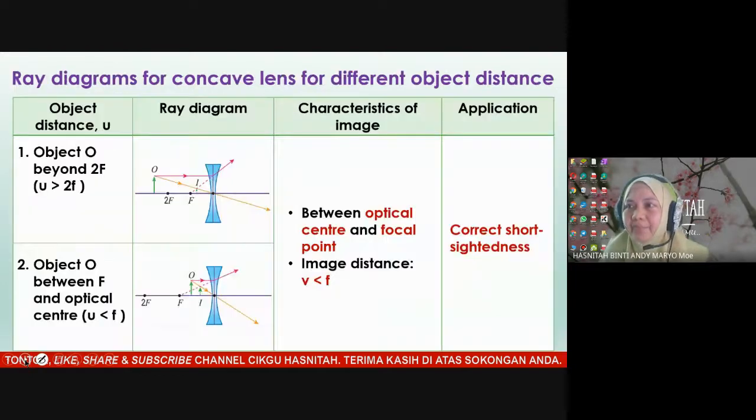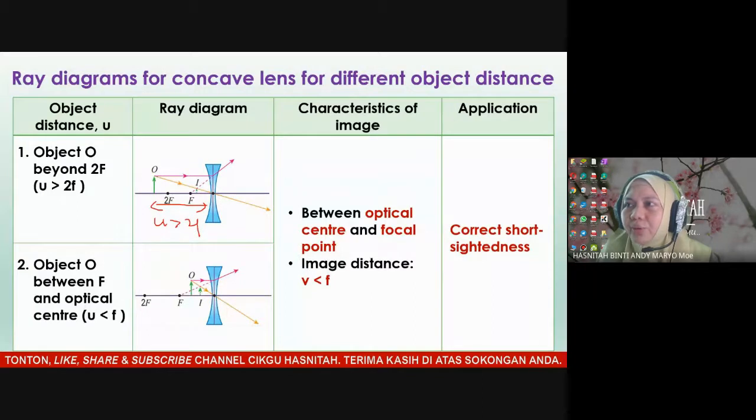Okay, example. Let's place the object at different positions for the concave lens. This one you can find in your textbook, page 257. Number 1, for the first ray diagram, the green arrow is our object, and we place it beyond 2F, so U is greater than 2F.